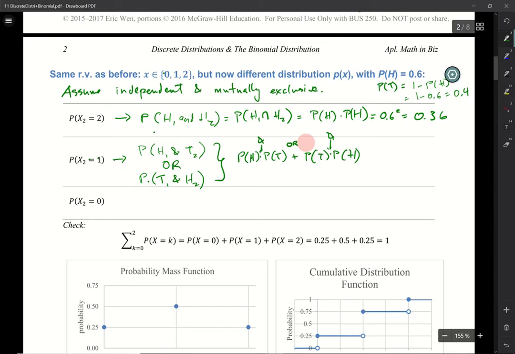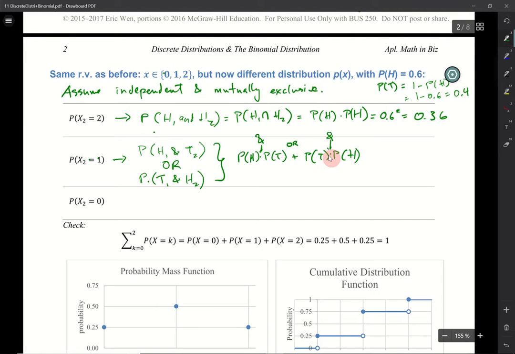We got heads first and tails second. Or, so we can take heads first and tails second. So how do we get that probability? We can multiply. Or we can take tails first and head second, and because of that, we can multiply those. Does that make sense?